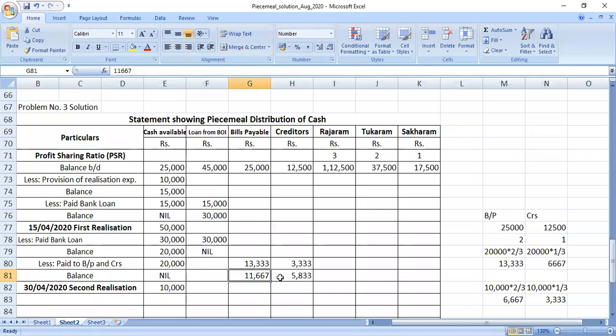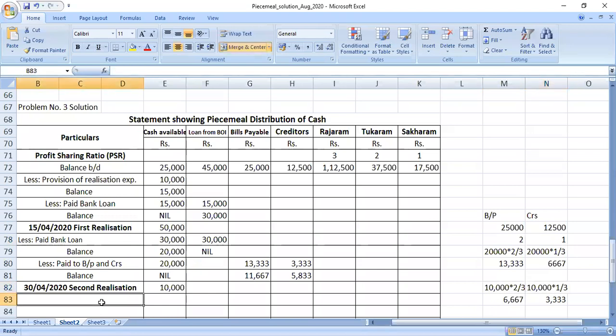It cannot be paid in one shot because this is more than the 10,000 amount available. So we have to pay this 10,000 amount in ratio. The ratio we know is 2 is to 1. Same thing we have to calculate: 10,000 into 2 divided by 3, 10,000 into 1 divided by 3.